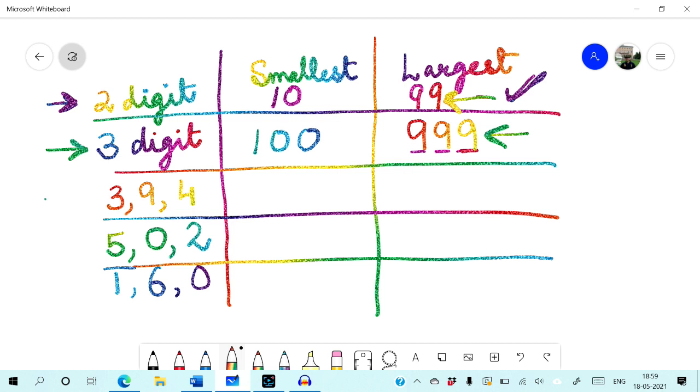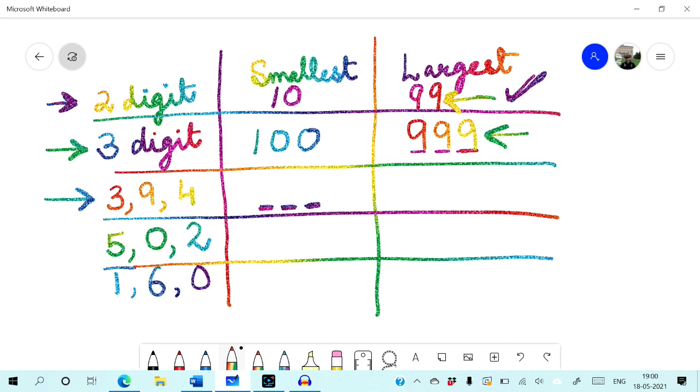Now children, if you are given some random 3 digits and you are told to make the smallest number out of these digits using them only once. So what you will do now, naturally, since you have to use these 3 digits only once, so there will be 3 places in that number: ones place, tens place and hundreds place.